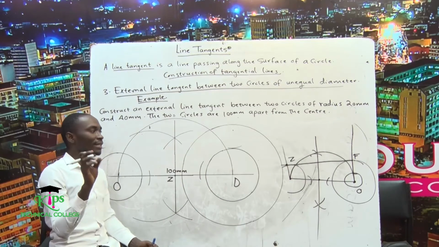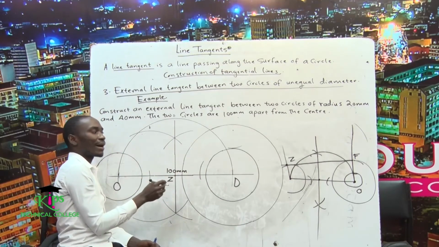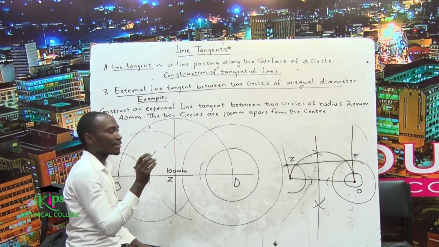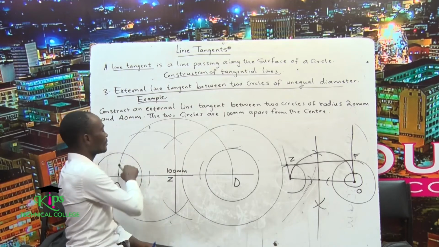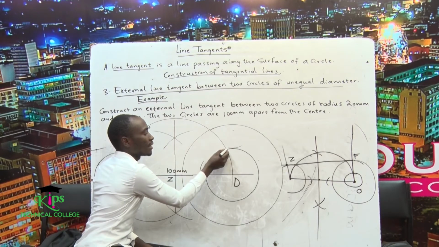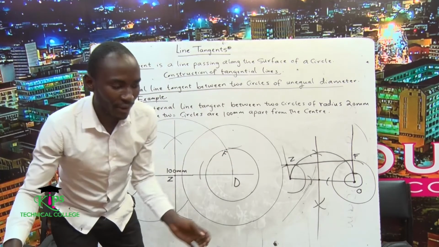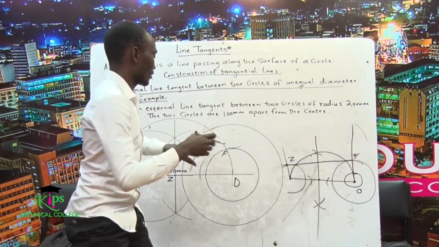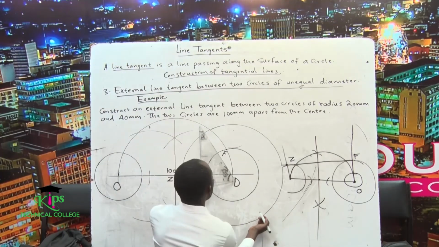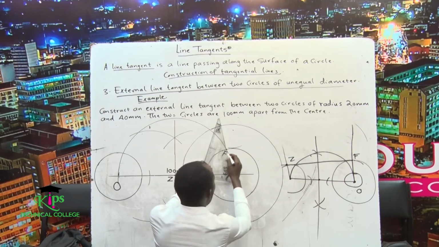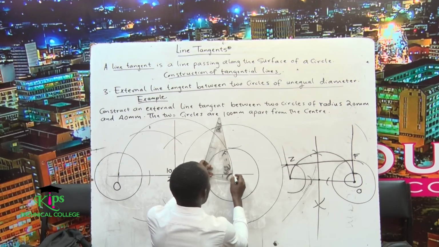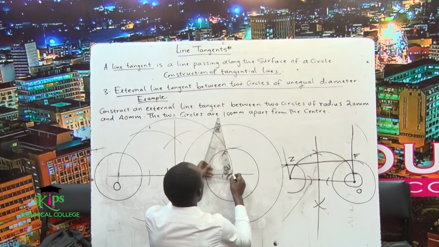So now, for this case, we are going to base our argument in this way. At that point whereby our semicircle touches this smaller circle, for example, this is point F, now we will extend a line originating from point D, passing through F, towards the external point of that other bigger circle, like this.